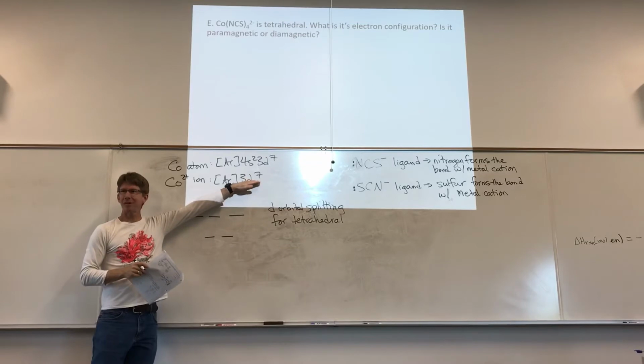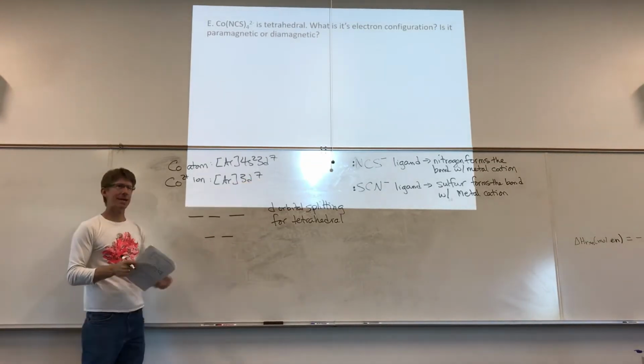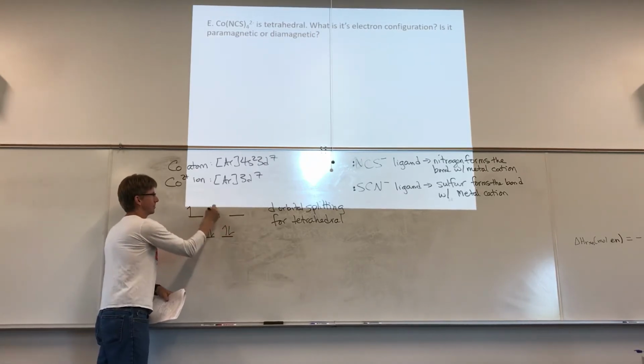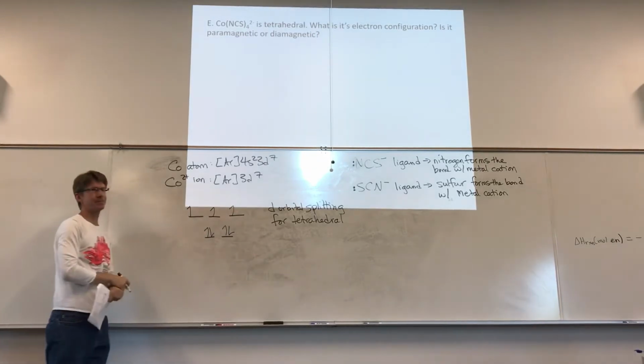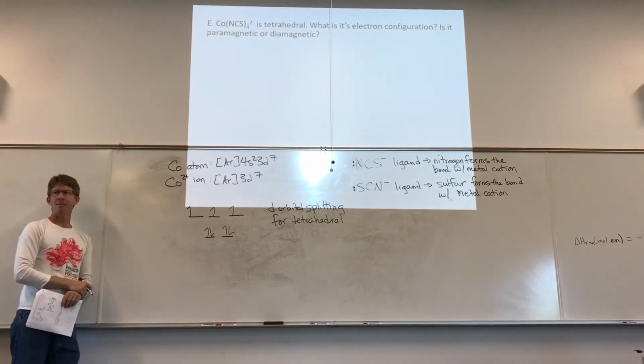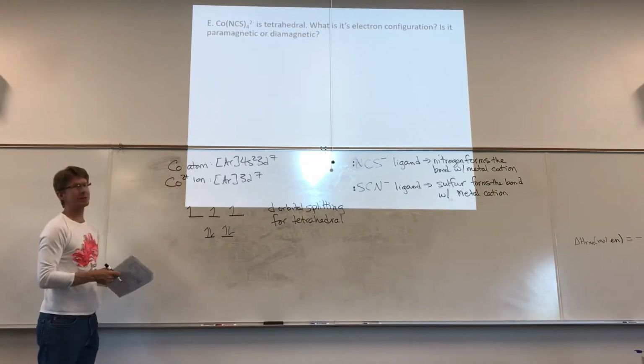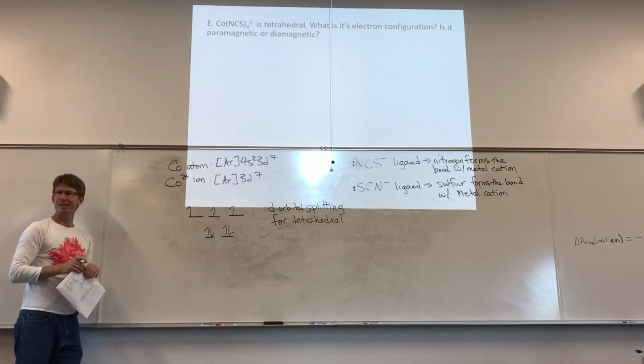And now we have 7 electrons to put in, and we put them in 1, 2, 3, 4, 5, 6, and 7. And I think the last question is, is it paramagnetic or diamagnetic? It is paramagnetic.